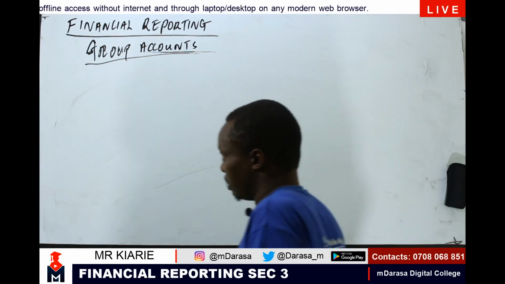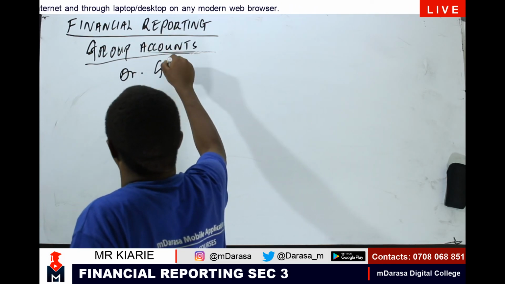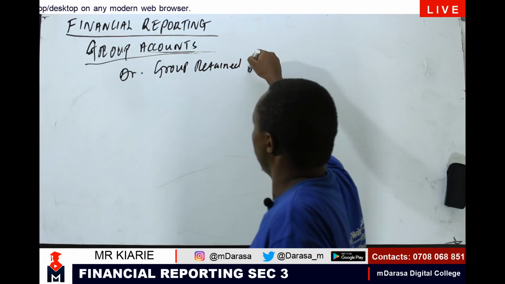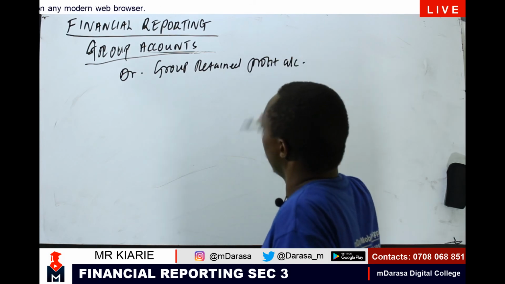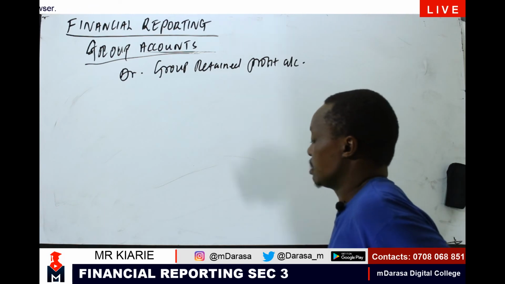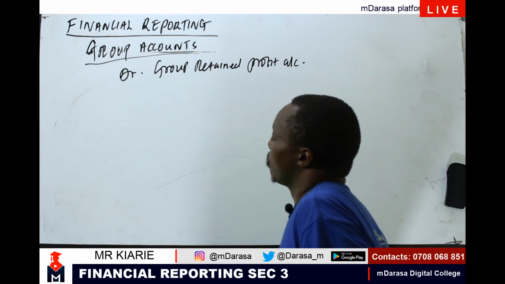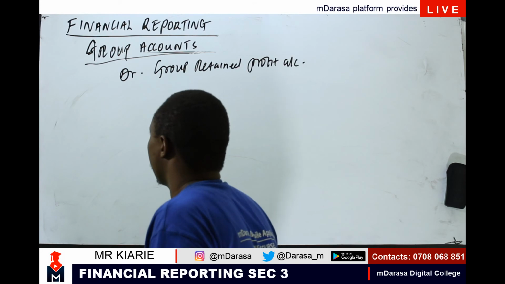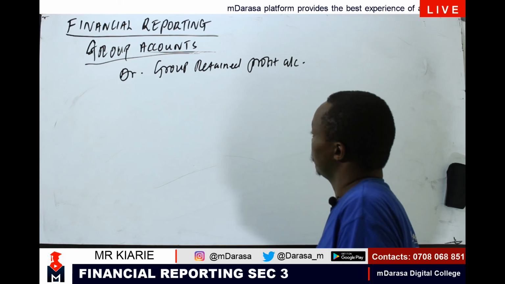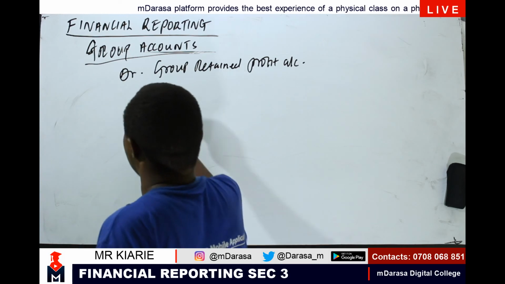In this case, debit group retained profit account with the parent's share of depreciation.